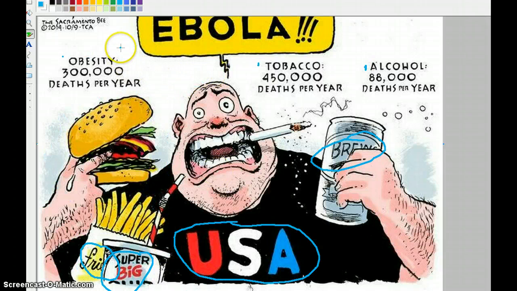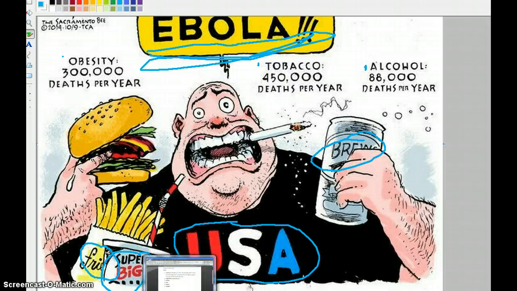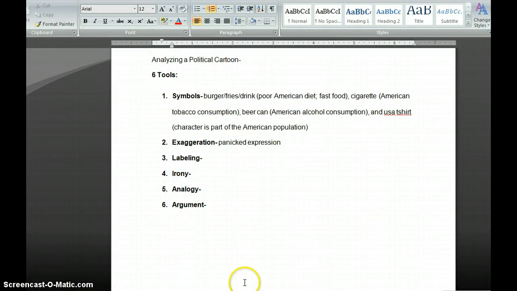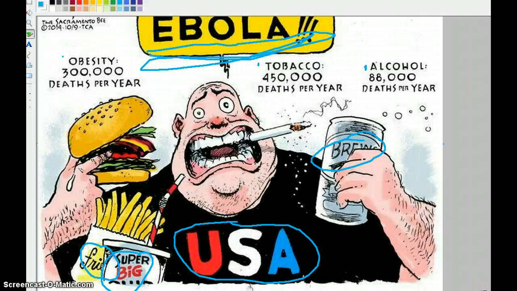And of course the final label contained in the picture is right here, the giant "Ebola" text, and that's of course drawing attention to the issue that is being discussed by the cartoon. So if we want to go over to our notes, so labeling, we looked at the label on the beer can, the label on the fries, and the label on the shirt.